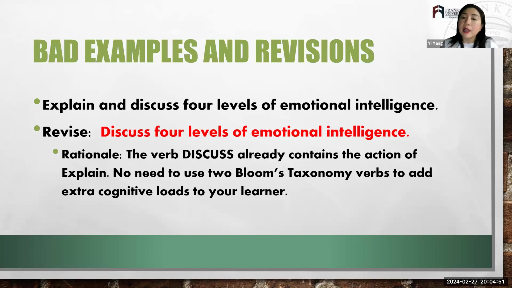Now, when you say discuss, that means not only should the learner have the knowledge of emotional intelligence, but they should also be able to discuss the implications or applications of emotional intelligence. That's why in this case you'd use discuss instead of explain, because discuss already contains the action of explain.